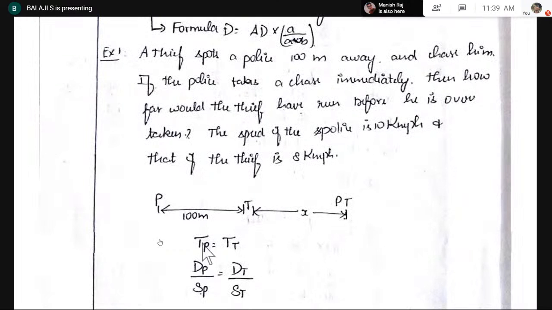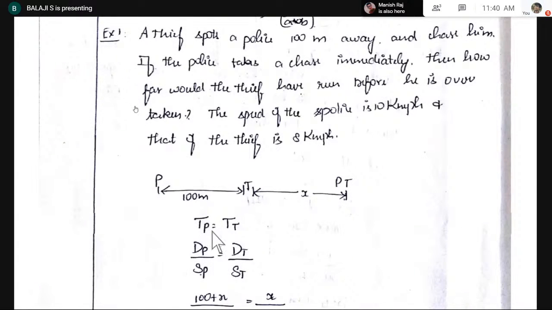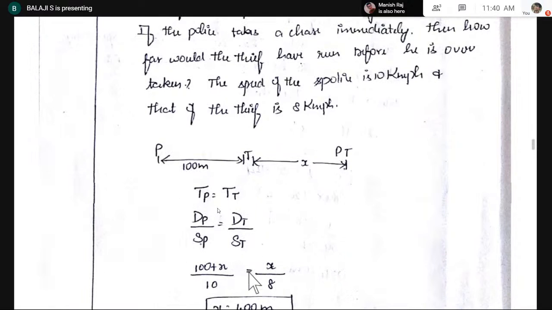That is called the equating method, where you must equate the time. In most time difference questions and equating questions, we will mostly be equating only time. In some questions we will be equating the distance, or the speed. Mostly 90% of the questions are such that we must either subtract the time, add the time, or equate the time. See here, the time taken by the policeman is distance by speed, and the time taken by the thief is his distance by his speed.